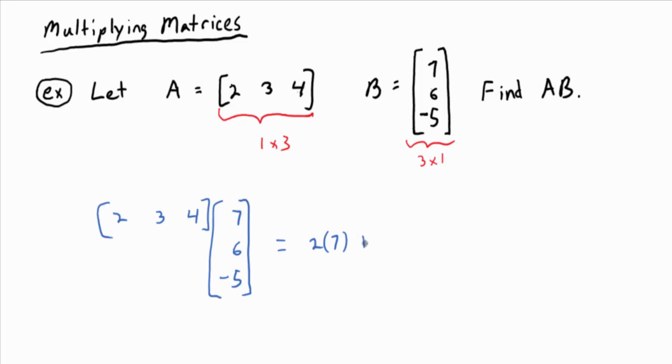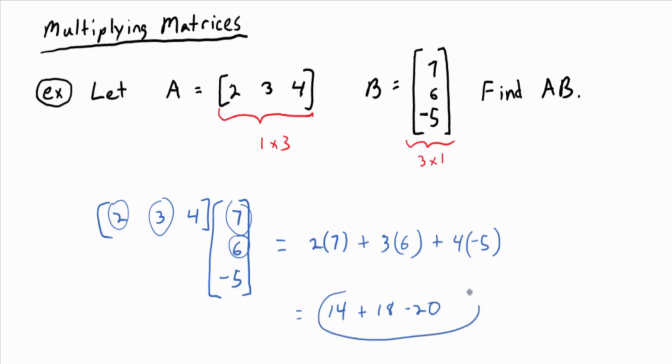2 times 7 plus what's the next one? If we write everything out, since it's the first example: 2 times the first entry, add that to the second entry times the second entry, 3 times 6, add that to what? There you go, third entry times third entry. This is the step you need to show me, the actual product individually: 14 plus 18 plus -20.